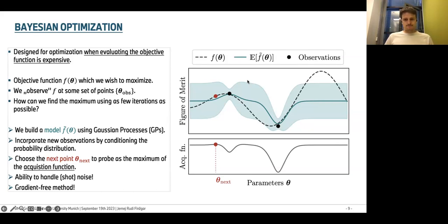And then we use this model that we have built of our function in something that is called an acquisition function, which is basically some heuristic that determines what is the next point that we should try out. One nice example of a heuristic is to take some linear combination of the mean value of our model and the standard deviation, right?